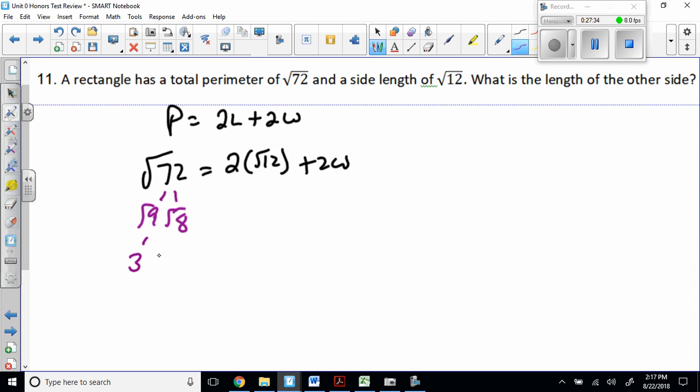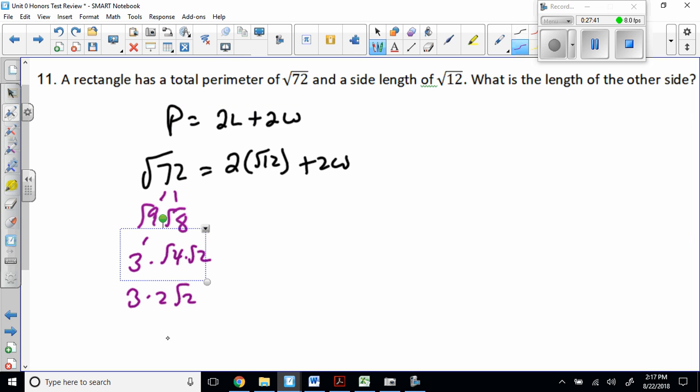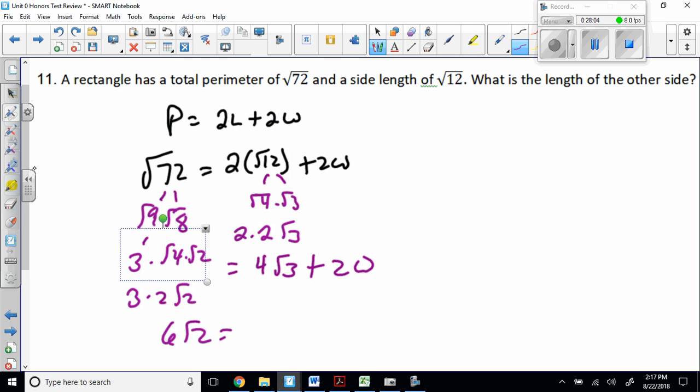We'd have 3, and then we'd have square root of 4 times square root of 2, and that'd be 3 times 2 times square root of 2, which would be 6 square root of 2, equals, well, this gets broken down into square root of 4 times square root of 3, which is 2 times square root of 3, which equals 4 square roots of 3 plus 2W, right?